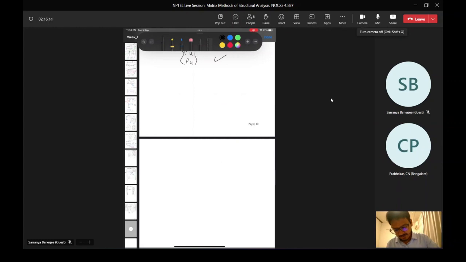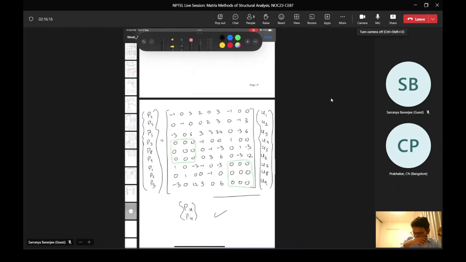So then the next part is the column operation. Now what we have to do is bring this U4, U5, U6 at the top, and we move the U1, U2, U3 at the bottom.